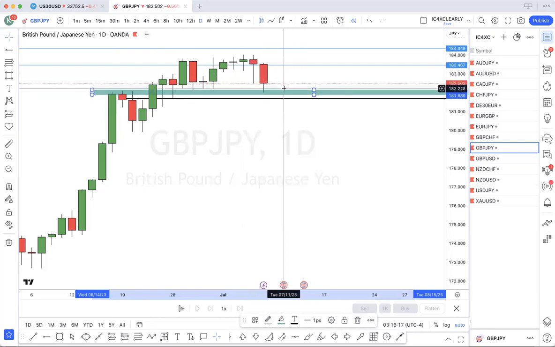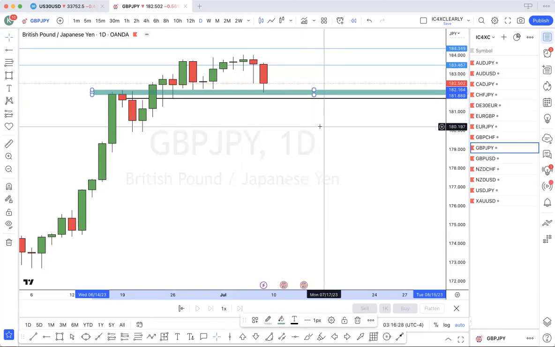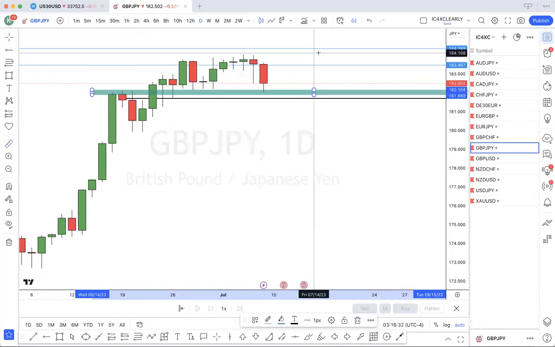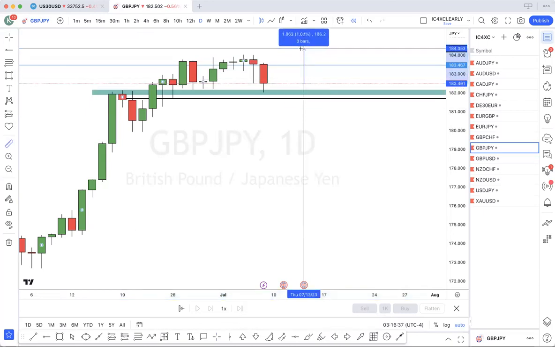I think it will probably come back, buy up into this monthly imbalance, and then start selling down. And we're talking from where price is now, 186 pips.